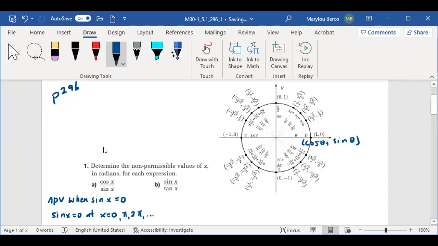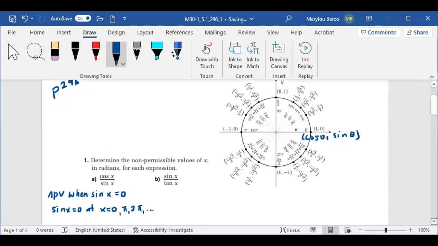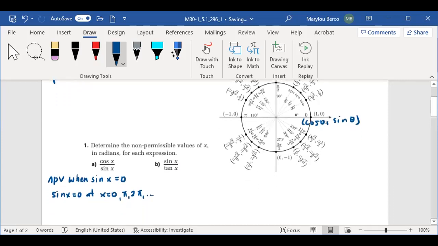Okay, therefore, the general solution is x cannot equal pi n, where n is an element of integers.